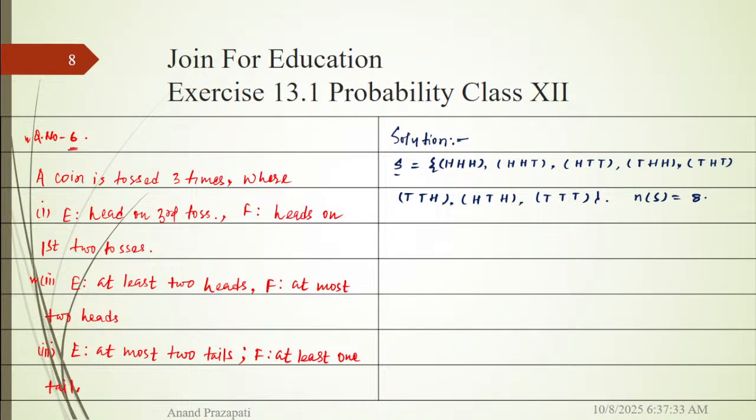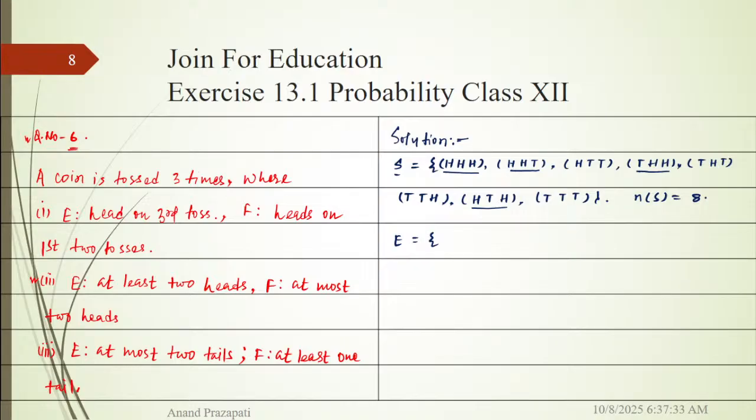E is at least 2 heads. It means that we write down here at least 2 heads. So it has 3 heads, so at least 2 heads, this one, and this one.